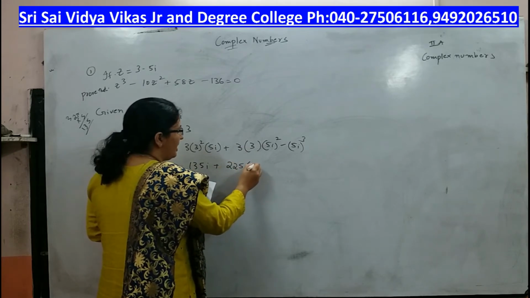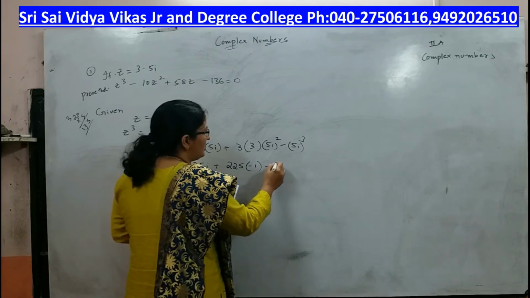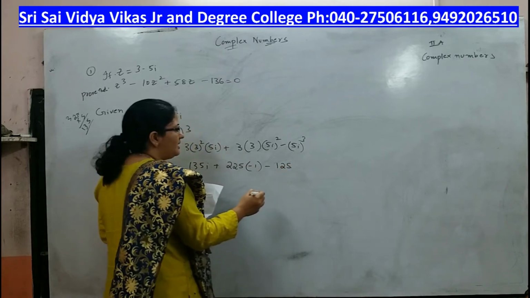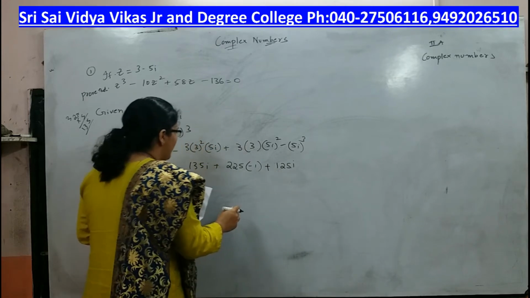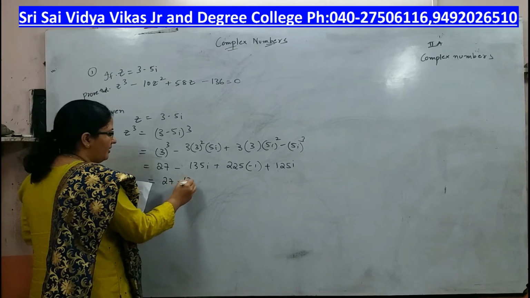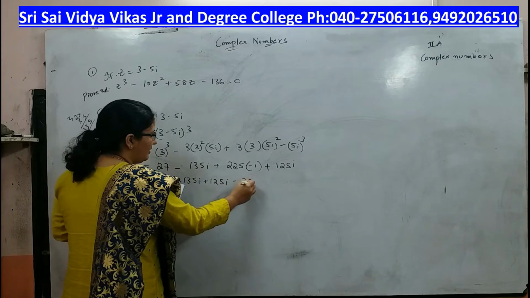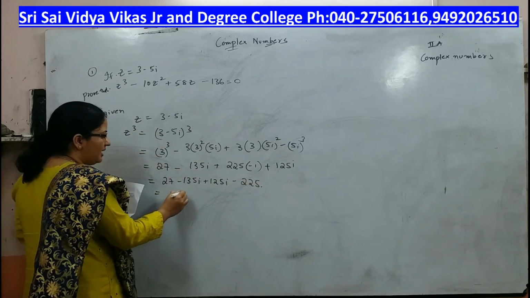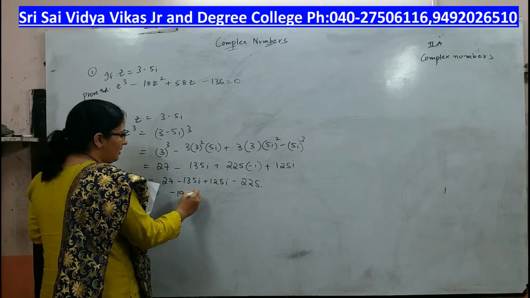I square is minus 1, minus 5 cube is 125 into i cube is minus i. So you have plus i here, right? So this is nothing but 27 minus 135i plus 125i minus 225, which is minus 198, 125 minus 135, minus 10i.